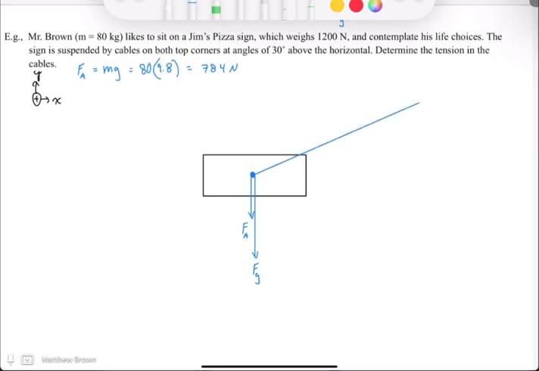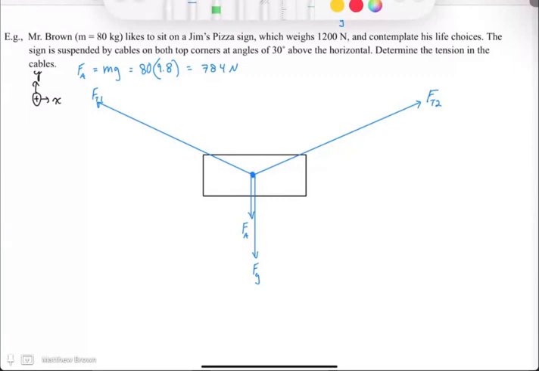I'll draw them again just from the center, hopefully reasonably. So we can call this T1, or I guess if you prefer FT1, and this is FT2. We'll just separate the two tensions.